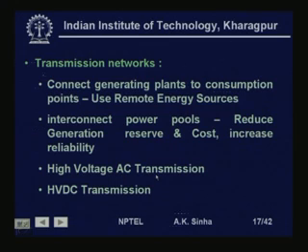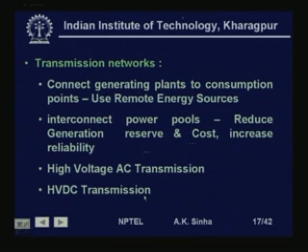Another aspect of transmission is we generally use high voltage AC transmission. We will see why we need high voltage AC transmission. The another kind of transmission which has been used in our country is high voltage DC transmission.